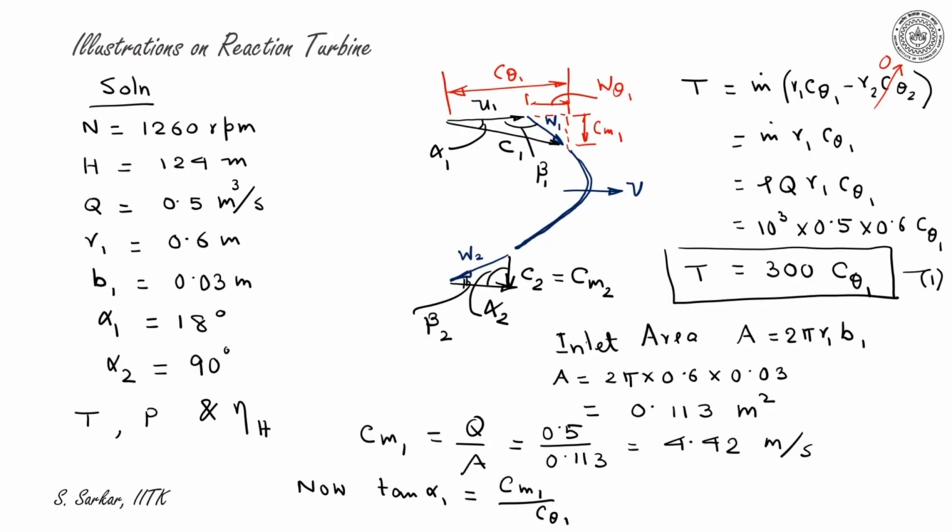Thus from equation 2, we can write C theta 1 is equal to Cm1 divided by tan alpha 1, that is 4.42 divided by tan 18 degree.